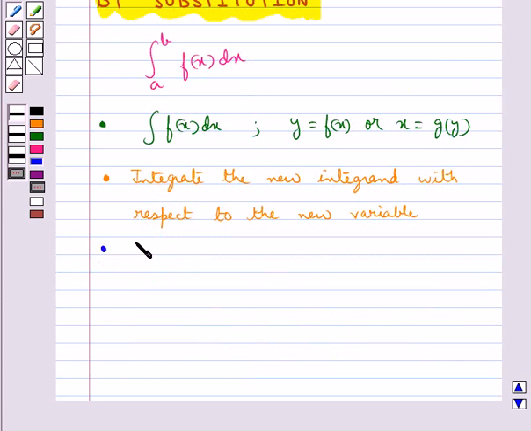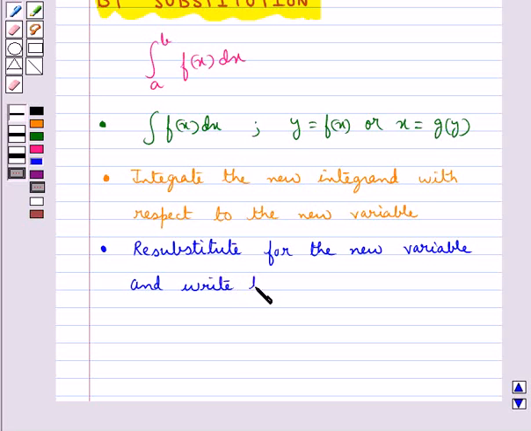Then we resubstitute for the new variable and write the answer in terms of the original variable.